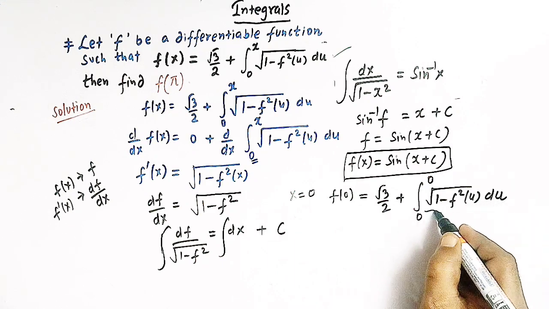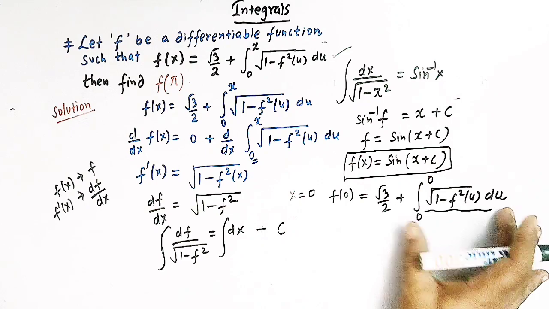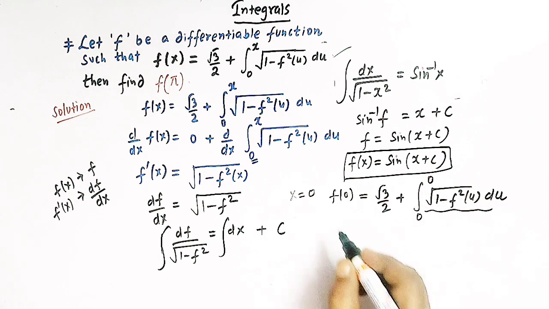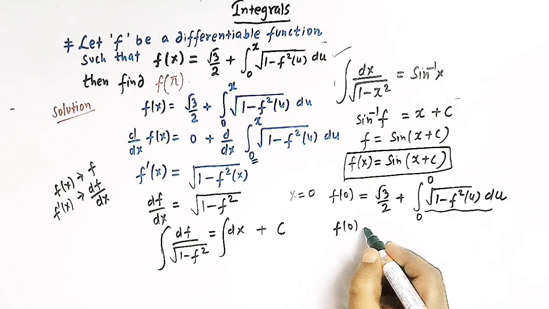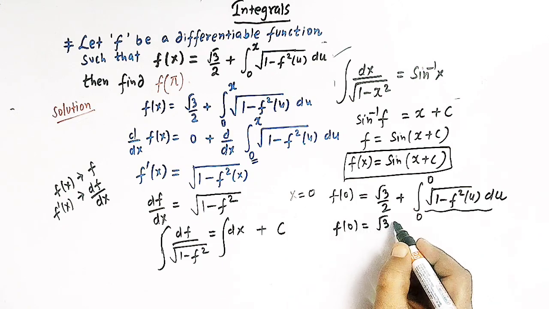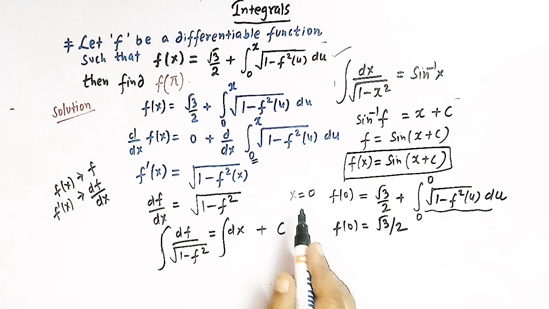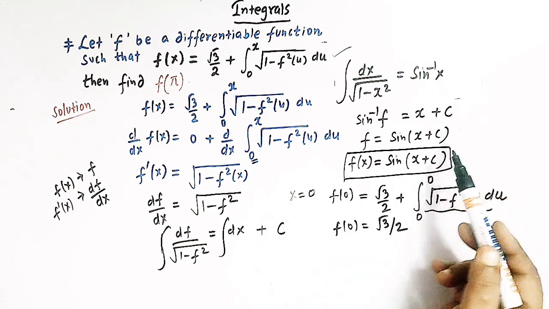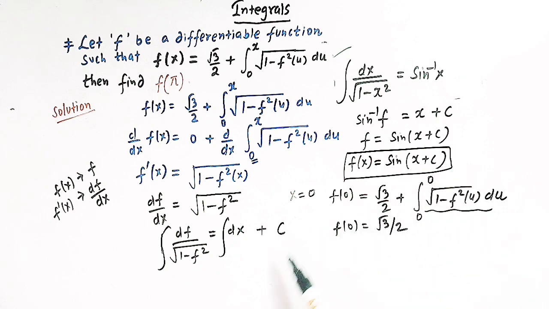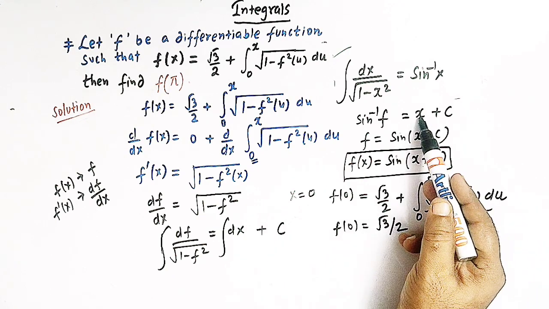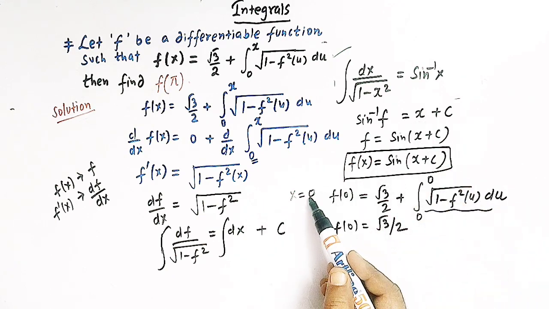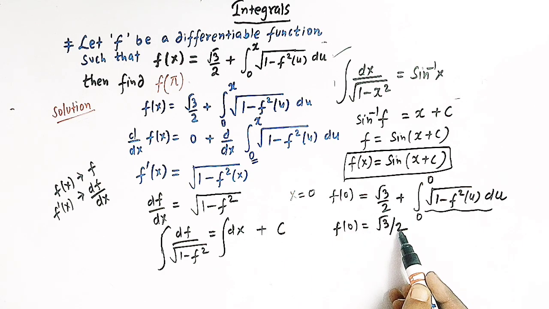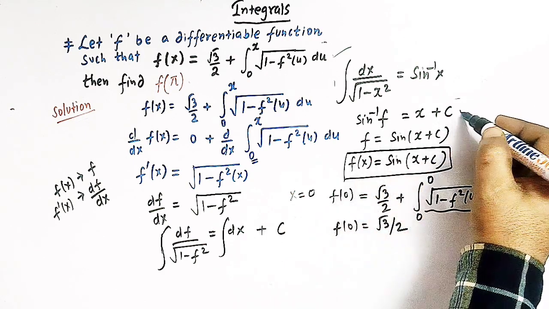Now clearly this term is 0 because here both the limits of integration are 0. So we are simply left with f of 0 is equal to square root of 3 over 2. Now let us use this condition to get the value of c, right? So what we will do, we'll take x is equal to 0, and f of 0 is equal to square root of 3 over 2 in this equation.